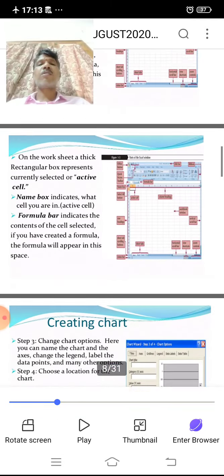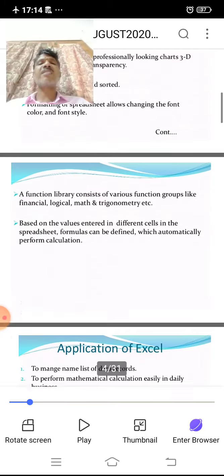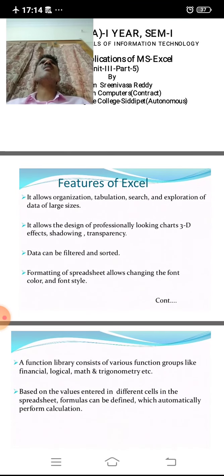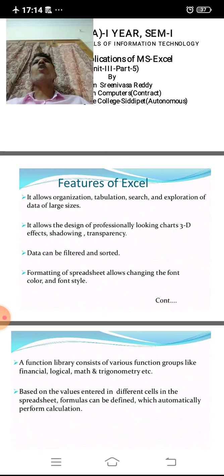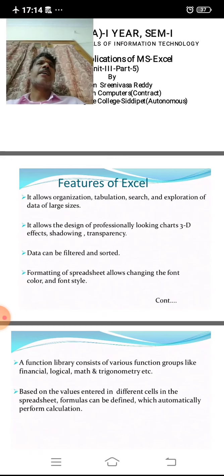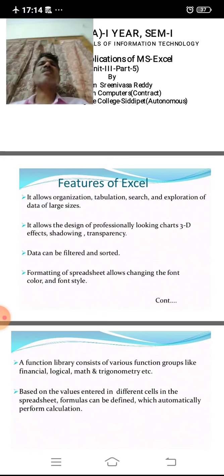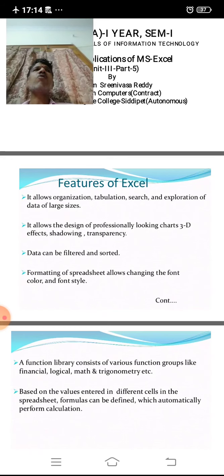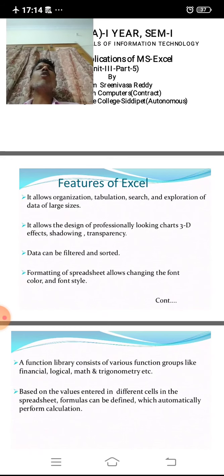Once again, we'll summarize shortly about MS Excel. Basically, MS Excel is a Microsoft Office product, number one. The second point, it is also known as a spreadsheet or worksheet, and the MS Excel file is treated as a workbook. Each workbook may contain many worksheets.